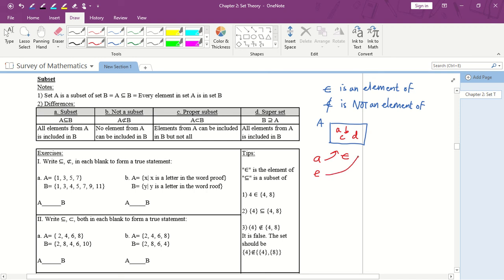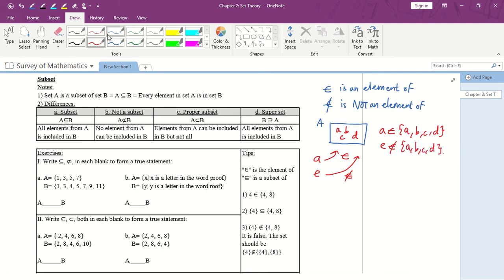The answer is no, so we can put this sign: E is not an element of box A. Or basically, A is an element of the set {A, B, C, D}, and E is not an element of {A, B, C, D}. I think it's quite simple.